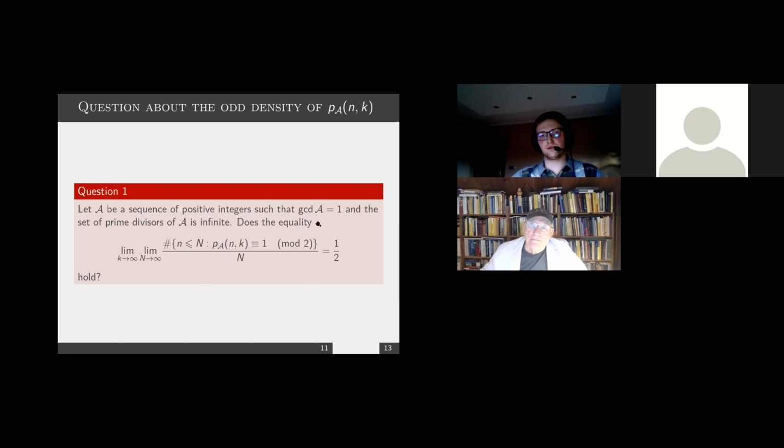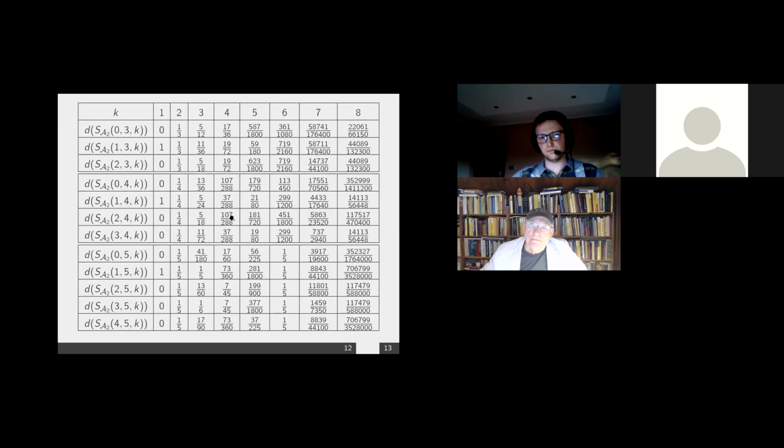I obtained the following results. We have the following table, and let us notice that for a fixed positive integer m and the remainder i, it seems that these values go to 1 over m for each remainder i.